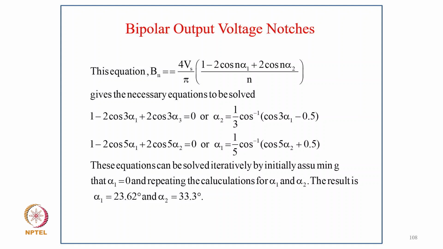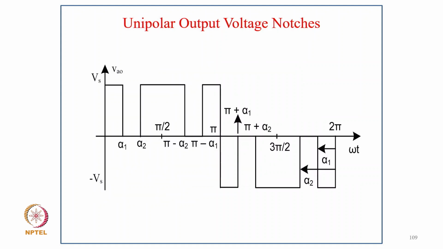These equations can be solved iteratively by assuming a minimum α of 0 and repeating the calculation for α1 and α2. The result is α1 = 23.63 and α2 = 33.3 degrees.